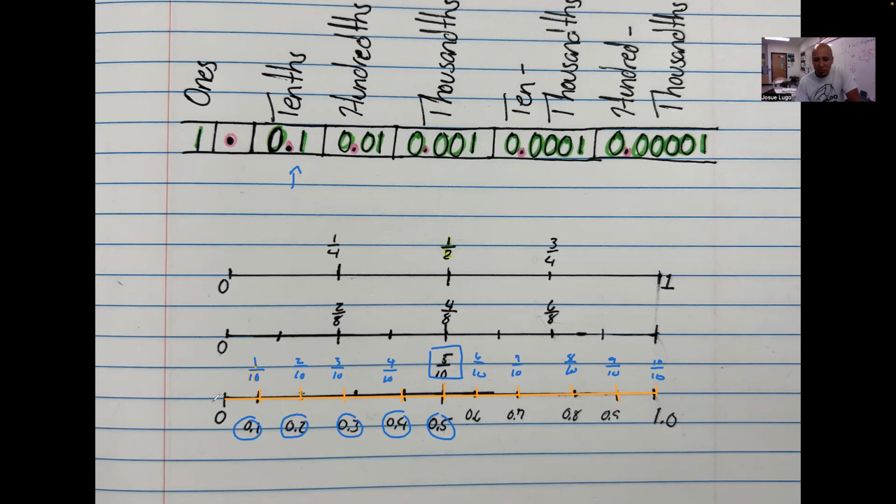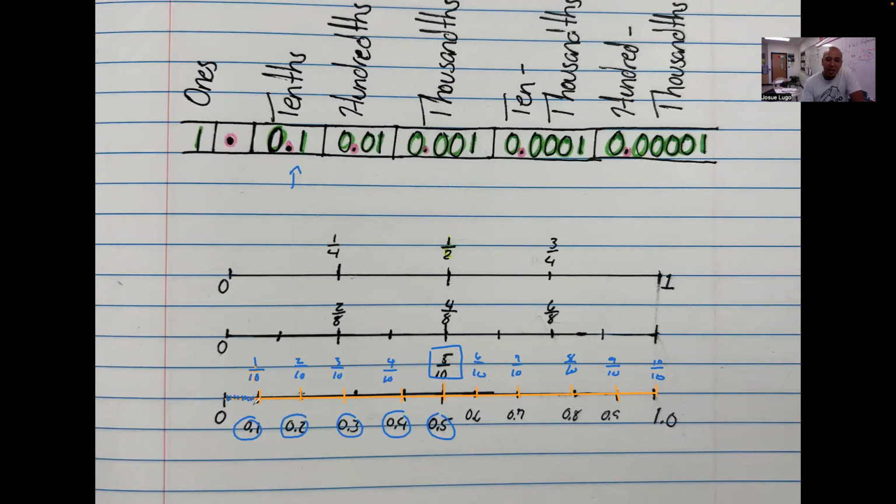So, ladies and gentlemen, if I were to cut this whole strip into 100, that would be like cutting each of these into 10 pieces. So this 1/10, if I cut into 10 pieces, so 1, 2, 3, 4, 5, 6, 7, 8, 9.